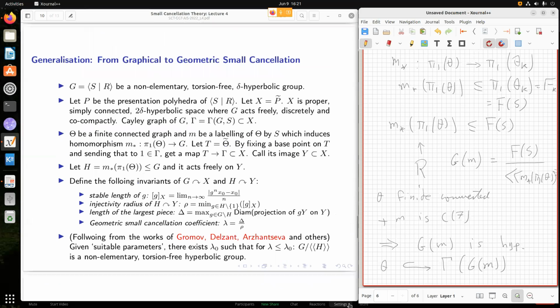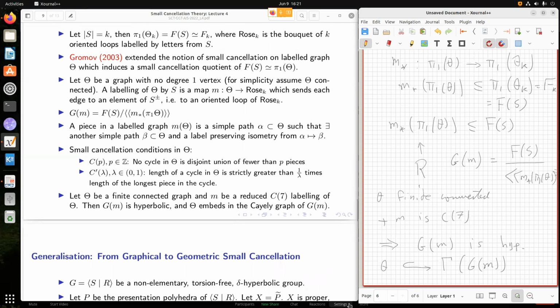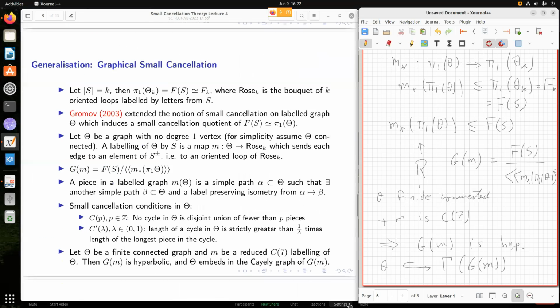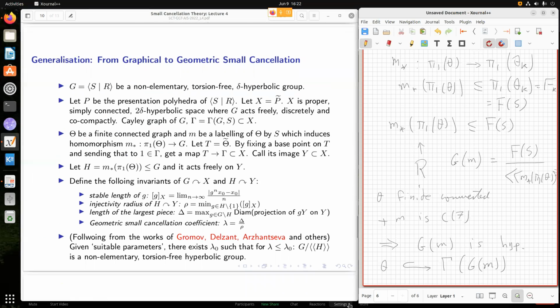Now can we see this graphical small cancellation in terms of the geometric small cancellation we talked about a few minutes back? Yes. If we take a presentation like this, and it is a hyperbolic group, let us take P to be the presentation polyhedron, and we consider the universal cover of that.